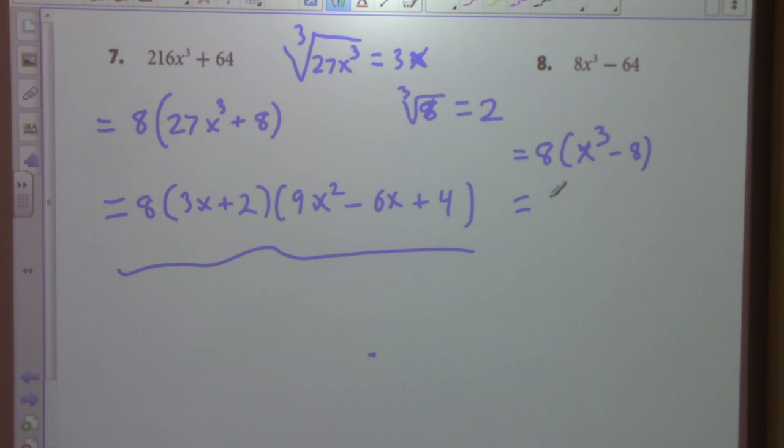So it's 8 parentheses x minus 2, that'll be x squared plus 2x and plus 4? Okay, does that look right?